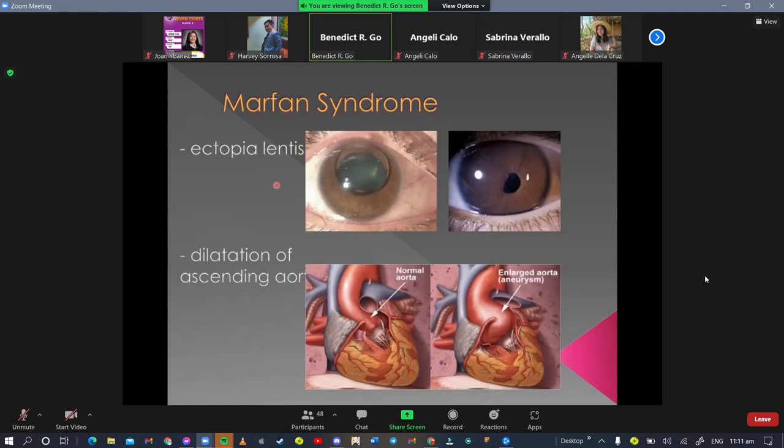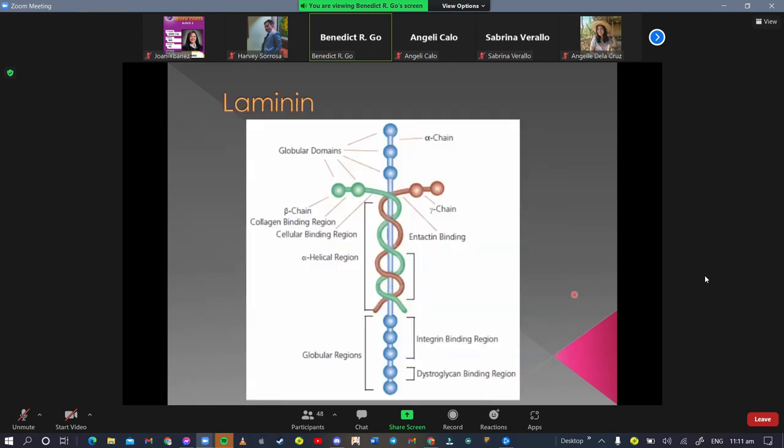Ectopia lentis is where the lens is extruded into the anterior part of the eye. You'll have visual problems, of course, and you have dilatation of your ascending aorta. This is the normal aorta, and you'll have here the dilatation because of the weak vascular wall. Laminin, yeah, let's not do that anymore.